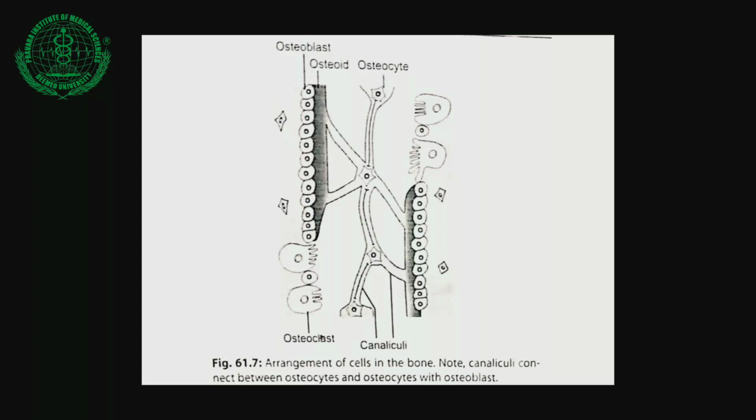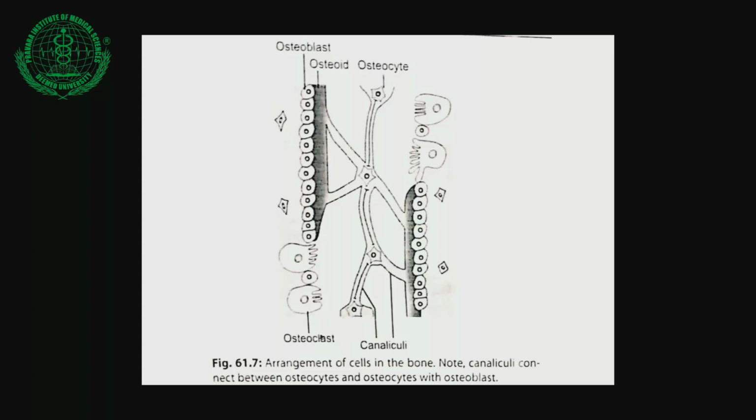Osteoblasts are bone forming cells, and these osteoblasts synthesize osteoid, the organic matrix of the bone. It's called osteoid. They have numerous endoplasmic reticulum and Golgi apparatus.